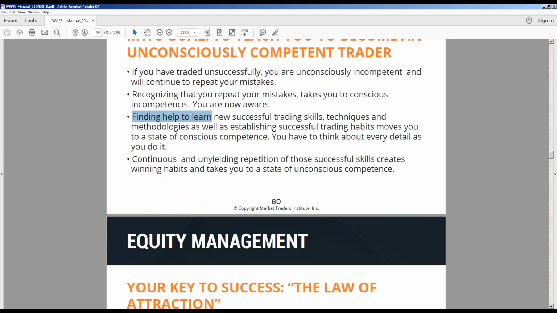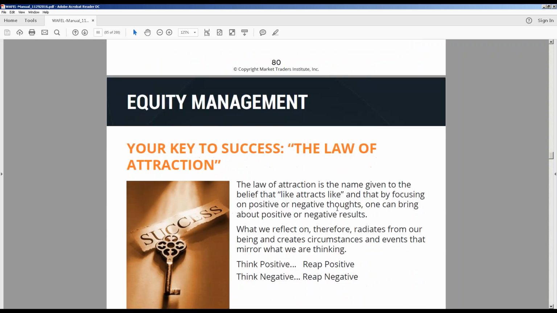Now, finding help to learn new successful trading skills, techniques and methodologies, as well as establishing successful trading habits. Those habits are very, very important. This will then move you to a state of conscious competence. You have to think about every detail as you do it. Continuous and unyielding repetition of those successful skills creates winning habits and takes you to a state of unconscious competence.